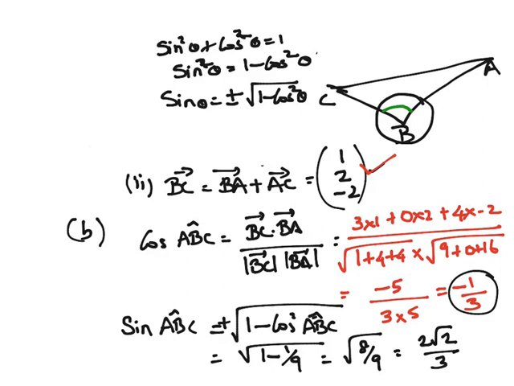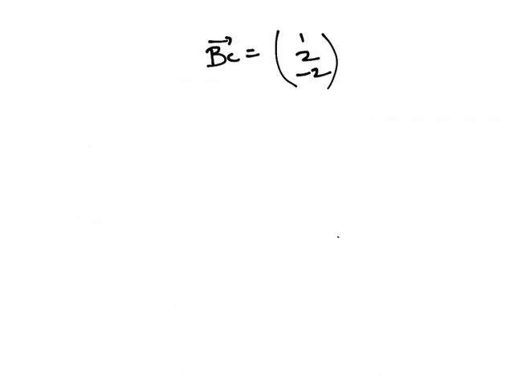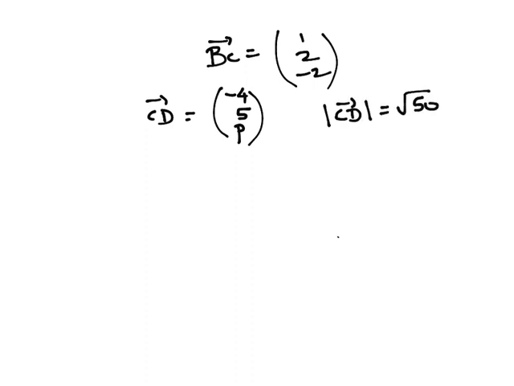Now the last part of the problem. It's given that CD vector equals minus 4, 5 and P. It is also mentioned that the magnitude of CD vector is square root of 50.